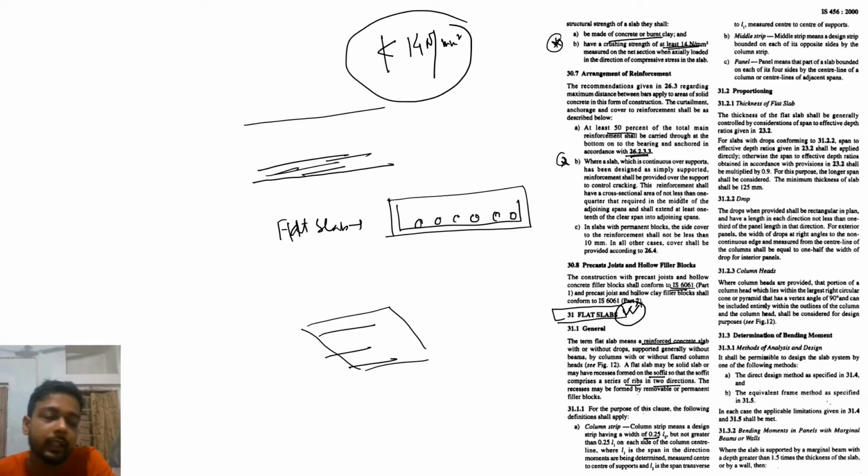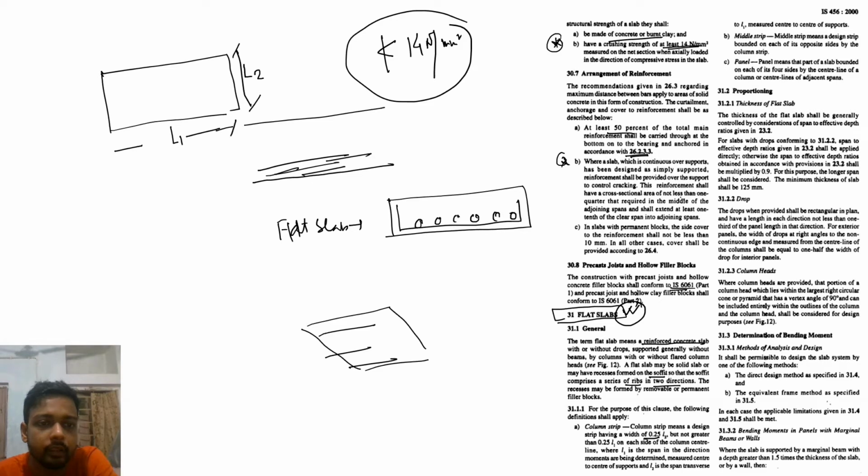That means suppose this is your slab. If this is your L1, then this is your L2. Okay, middle strip. So this is your column strip. Column strip means suppose this is the column.